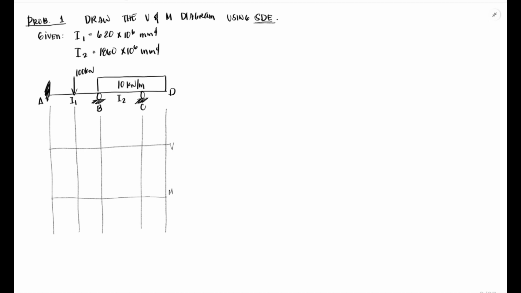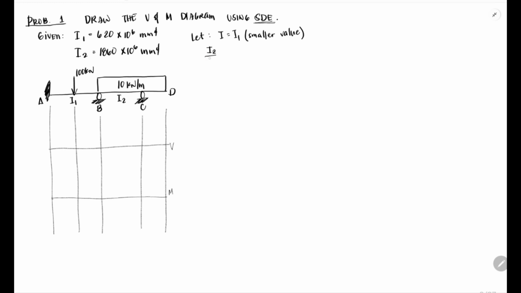So, yung una nating step dyan, since may value yung I natin, mag-let na lang tayo dito. Let I is equivalent to your I1. Usually, kung ano yung smallest value, yun po kasi yung ginagamit natin. For example, yung I2 mas maliit sa I1, edi yung I2 gamitin mo. Pero since yung I1 yung mas maliit dyan, ang gawin po natin ganito.